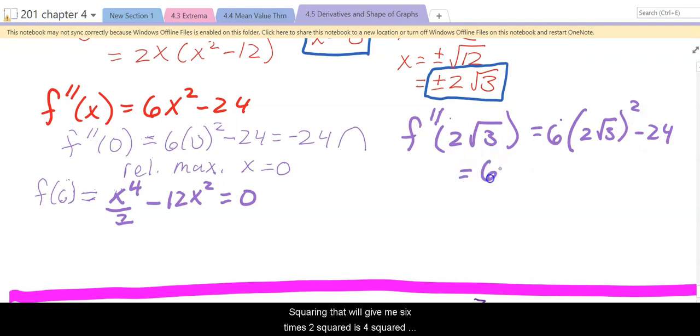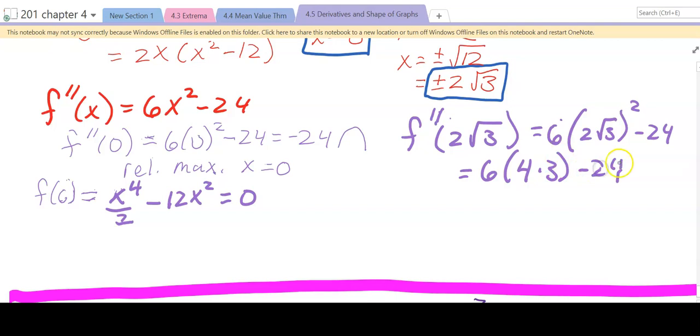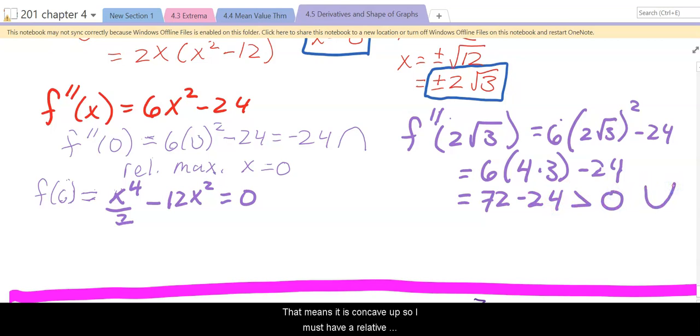Squaring that will give me 6 times 2 squared is 4, square root of 3 squared is 3, minus 24. 4 times 3 is 12, and 12 times 6 is 72. 72 minus 24 is definitely a positive number. That means it is concave up, so I must have a relative minimum occurring at the critical point x equals 2 square root of 3.